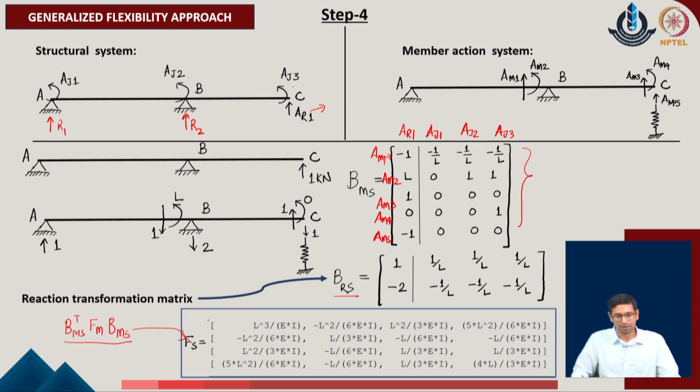And as we realize, the structural flexibility matrix will contain terms with respect to the 4 terms available in the structural system A of S, which contains 1 value of A of R and 3 values of A of J in the given system, and that is why the flexibility matrix for the structural system comes out as a 4 cross 4.